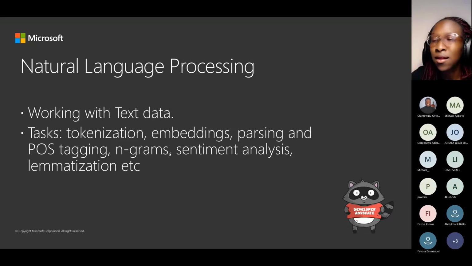There are, of course, other things that you may be able to go and evaluate, but with lemmatization, it's you getting the stem of the word. For example, the word is tokenization, but the main stem word of this is token.